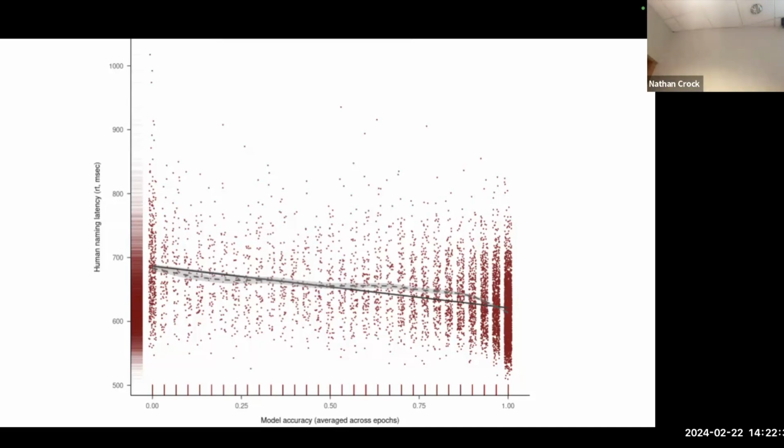And then on this axis is the model accuracy, although it's averaged over all epochs, we can probably play with that a little bit more accurately. But what we see is that there's about a -0.3 or -0.4 correlation between human naming latency and model accuracy, which is suggesting that it's struggling in a way that's more or less consistent with human behavior, or at least similar, correlated. A lot more work needs to be done for these things.